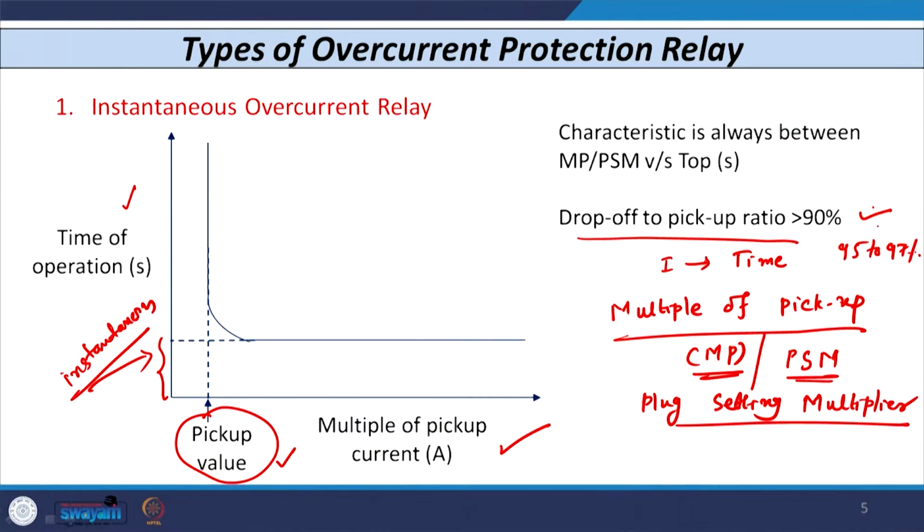So, whenever any manufacturer designs the instantaneous overcurrent relay, it tries to maintain the drop off to pickup ratio greater than 90%. Whatever relays are presently available have a drop off to pickup ratio of roughly around 95 to 97%.